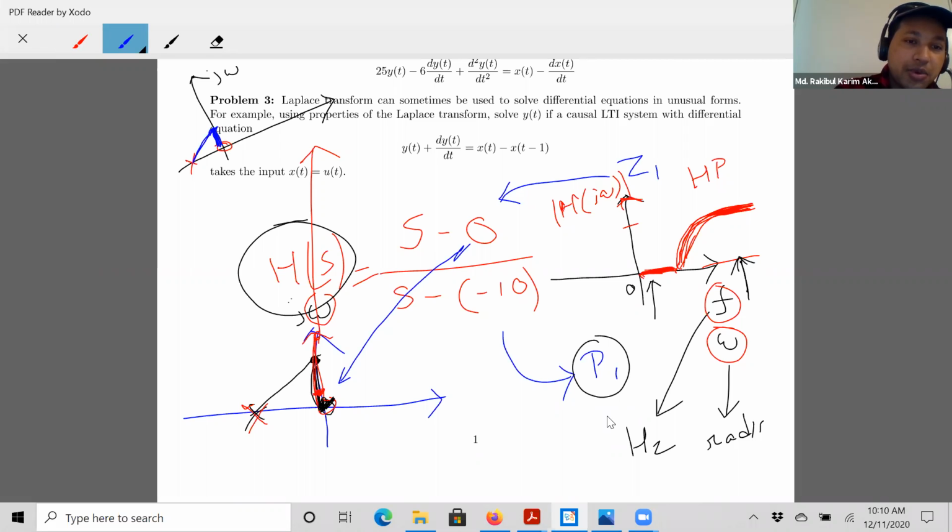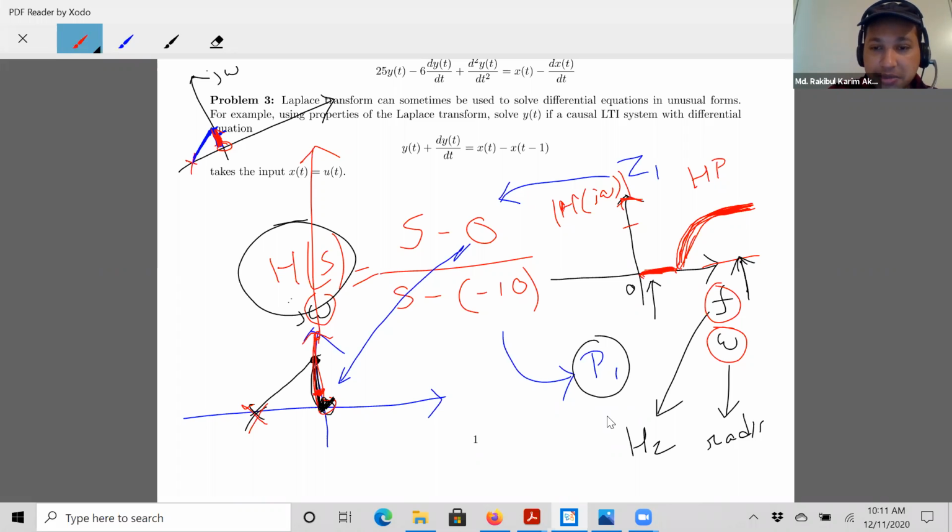But if you connect the pole, this line is much larger. If you come closer to the zero, you'll see this line, the red line, is much shorter than the blue line when omega is very small.